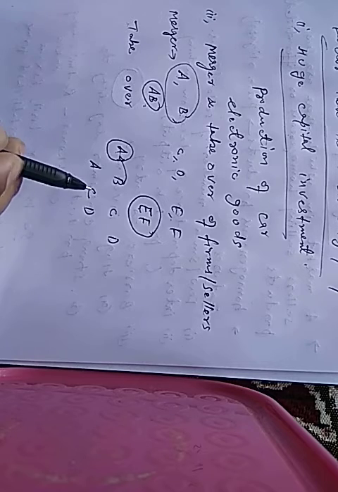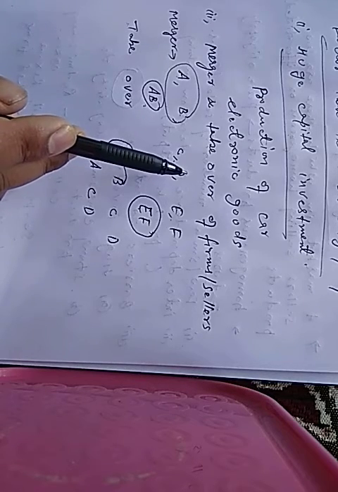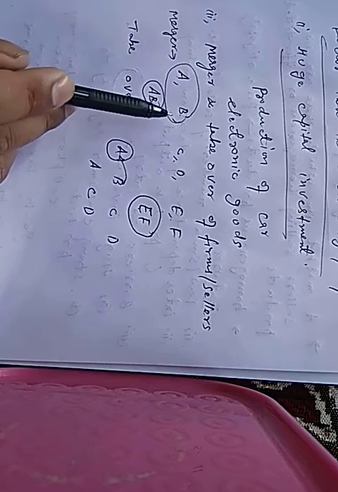Such a process leads to few sellers in the market. When there are a large number of sellers, and due to mergers and takeovers few firms remain, and few sellers is the feature of an oligopoly market.